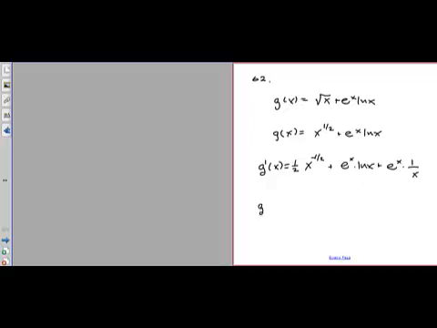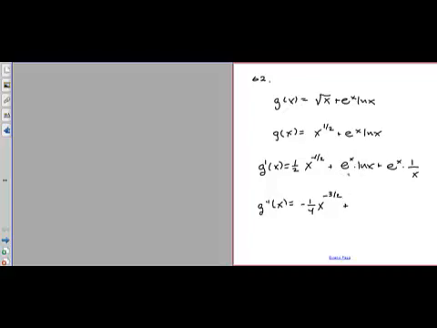So to get the second derivative, we just take the derivative again. When we take the derivative of this polynomial, we'll get -1/2 times 1/2, which is -1/4. Then we'll have x to the minus 3/2 power, since -1/2 minus 1 is -3/2.